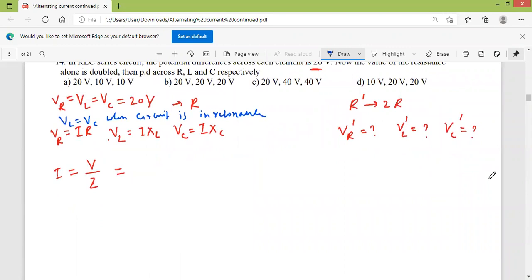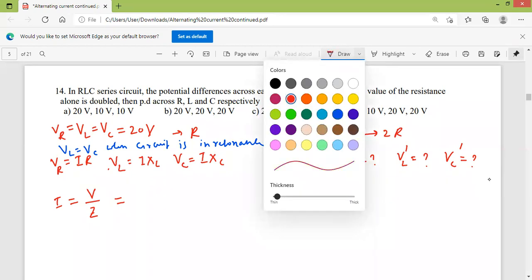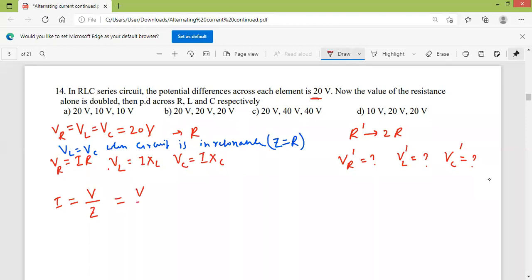Now I = V by Z. But when the circuit is at resonance, Z is equal to R. Impedance is equal to R. Hence I will write it as V by R.